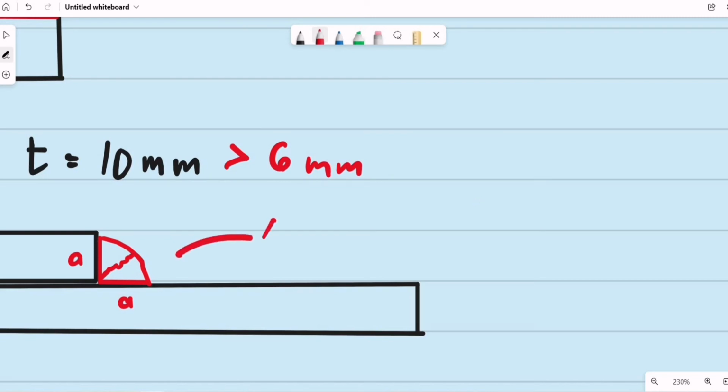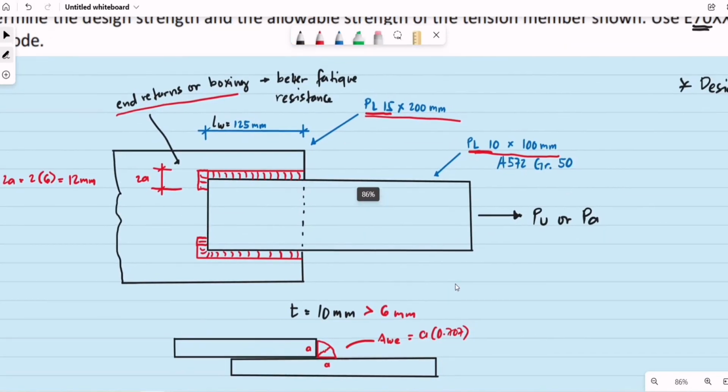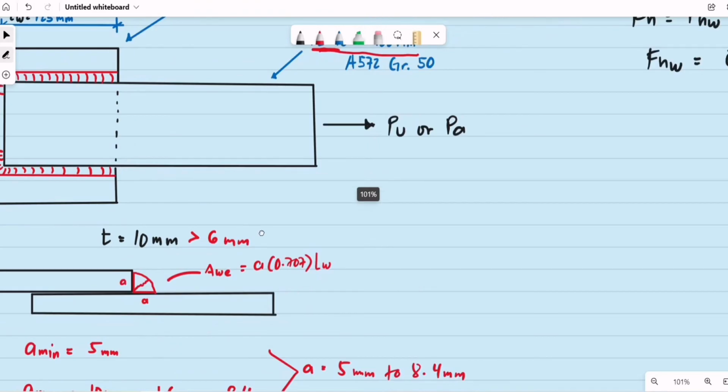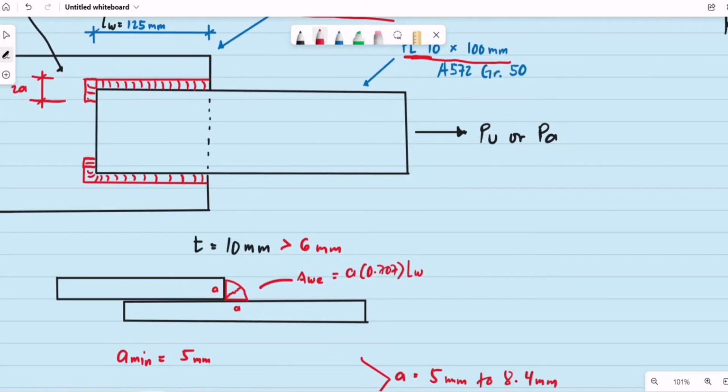Our A sub WE is equal to A multiplied by 0.707 for 45 degrees. Then we are to multiply that to the length of the weld, so this is multiplied by the L sub W. Take note that we have two lines of weld, so we are to multiply this one by 2.